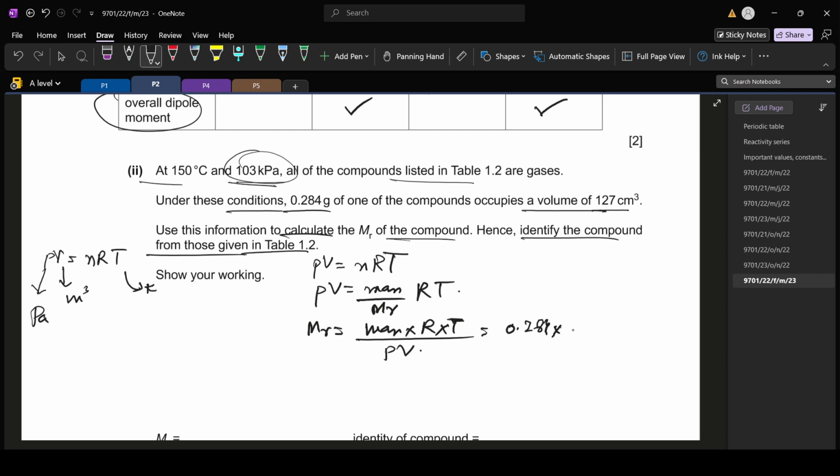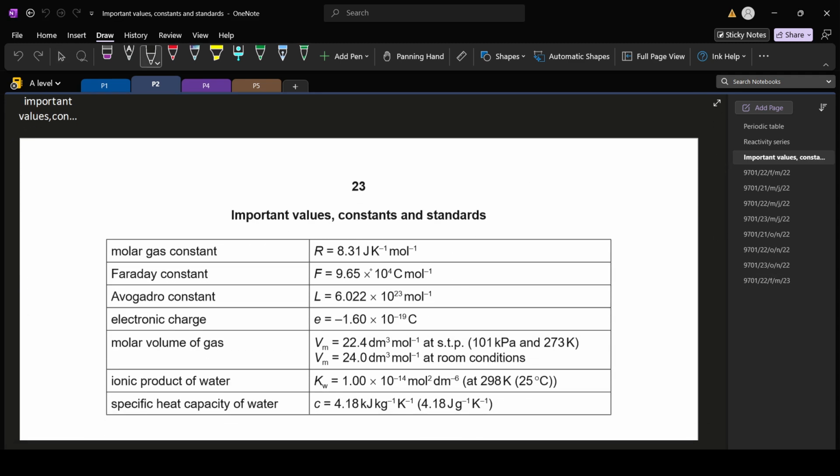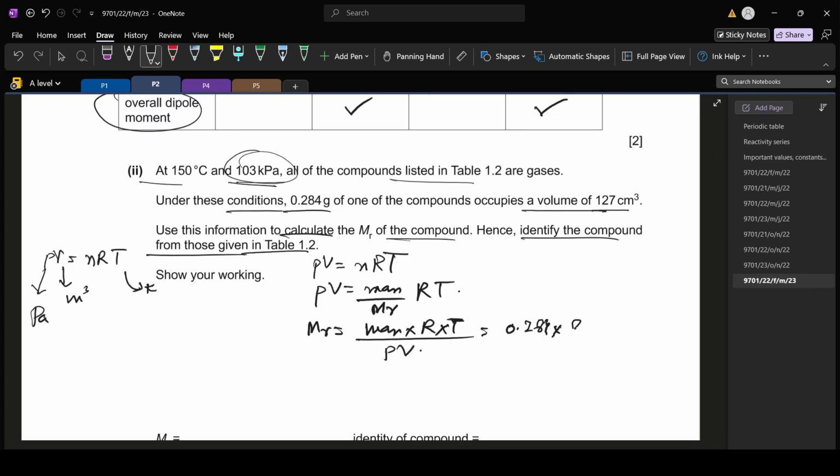0.284, and the value of R is given in the important values on the last page, which is 8.31. So 8.31. Now this temperature must be in Kelvin, but it is in degrees Celsius, so you have to convert it into Kelvin. So you will add 273. Okay, now divided by pressure.